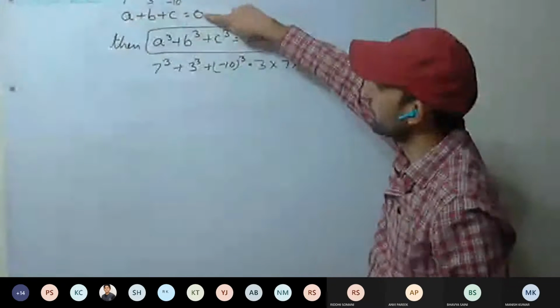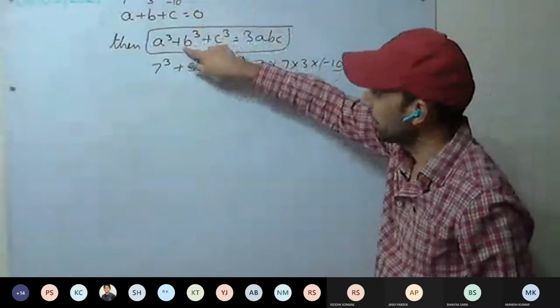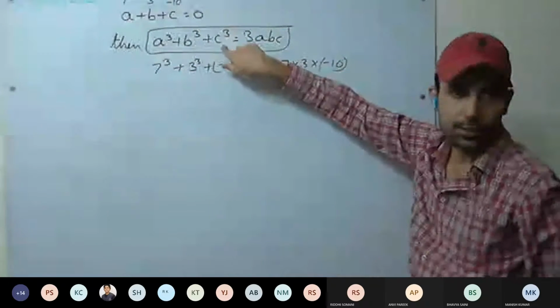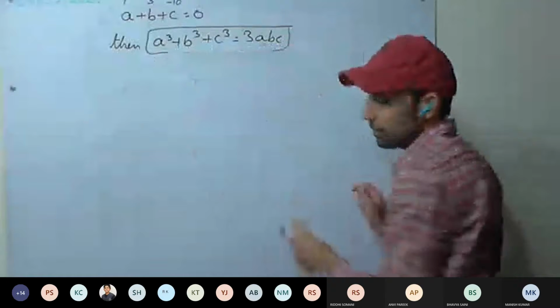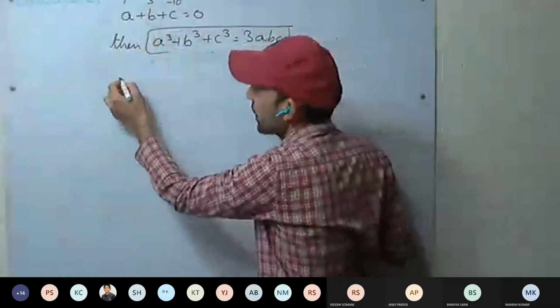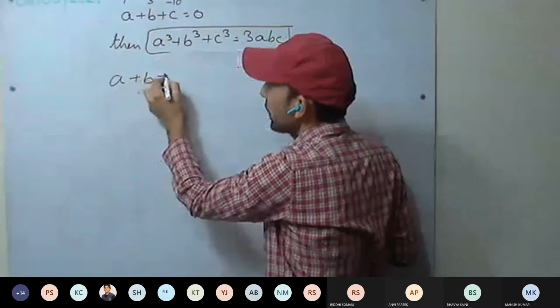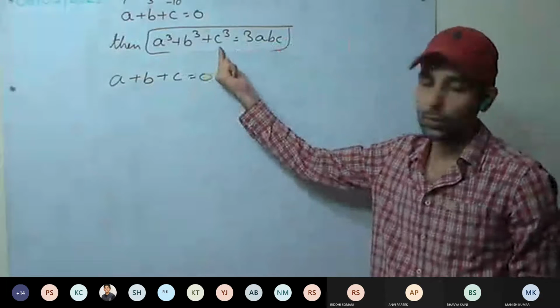Now we are going to show that if A plus B plus C equal to 0, then A cube plus B cube plus C cube, its value will be 3ABC. Everyone must pay attention here. What we are given is A plus B plus C equal to 0. We'll be using this equation to show this.